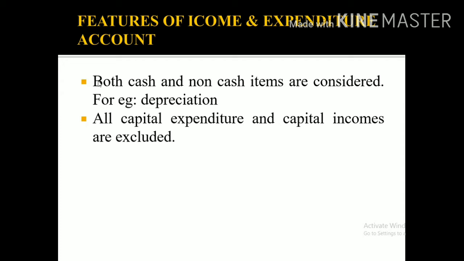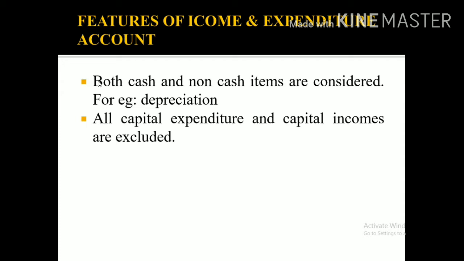Then point number 6, all capital expenditure and capital incomes are excluded from the income and expenditure account. If you remember in the previous video, the receipts and payment account records both capital as well as revenue items.